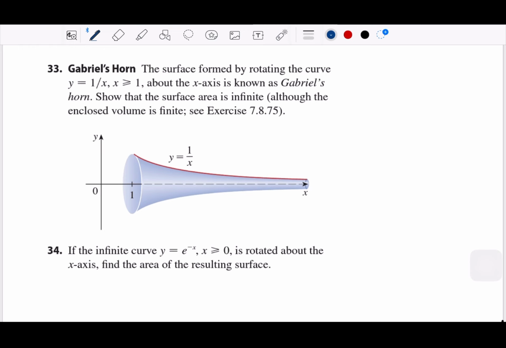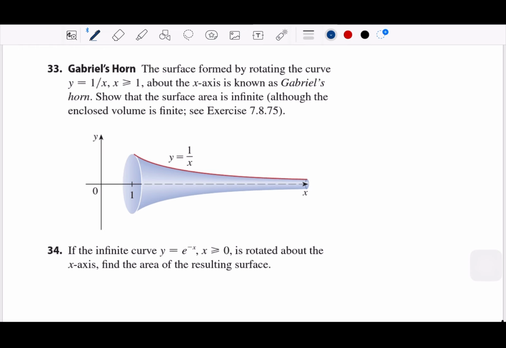So for starter, this is y equals 1 over x, and we are rotating the curve about the x-axis. So this will be the rotation, and then we are going to observe from x greater or equal to 1, which means this is our starting point.